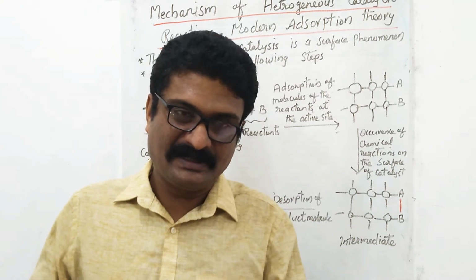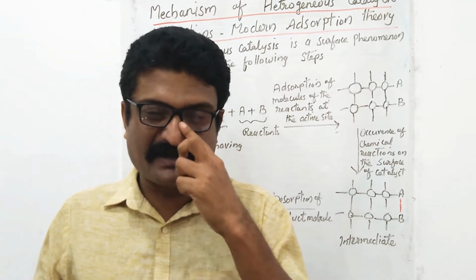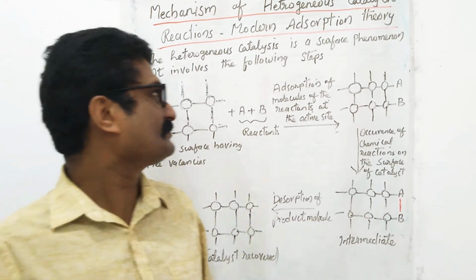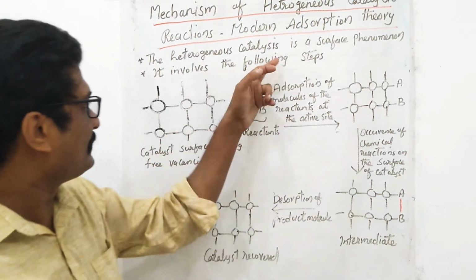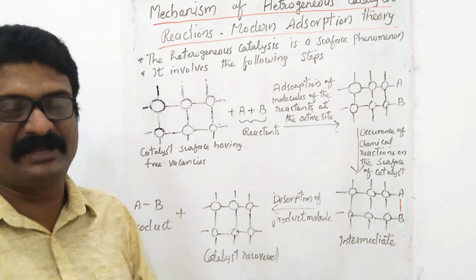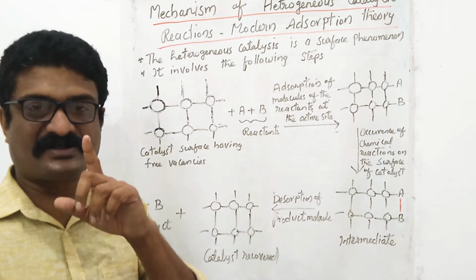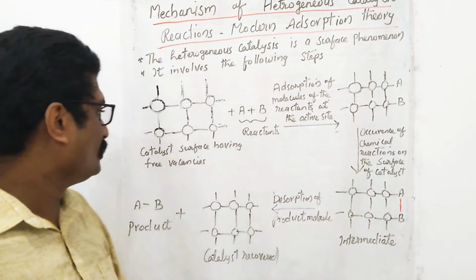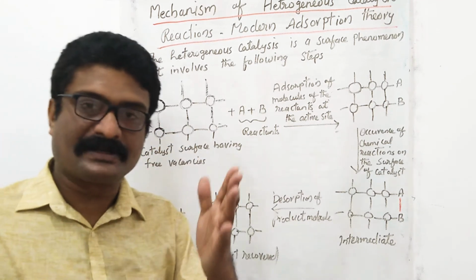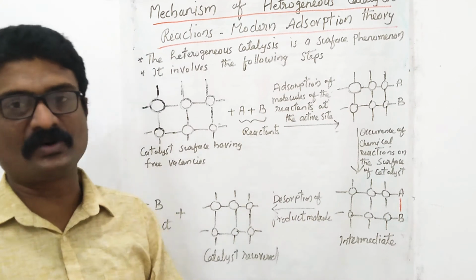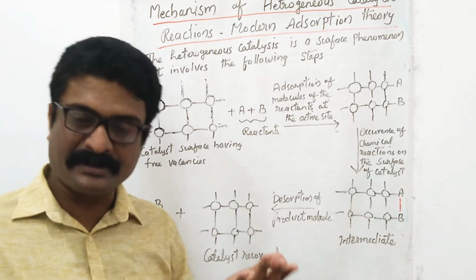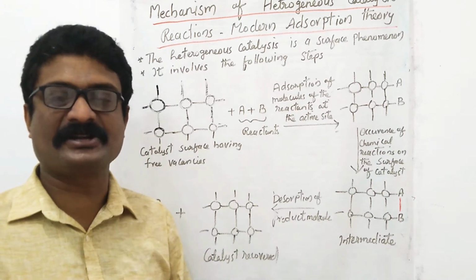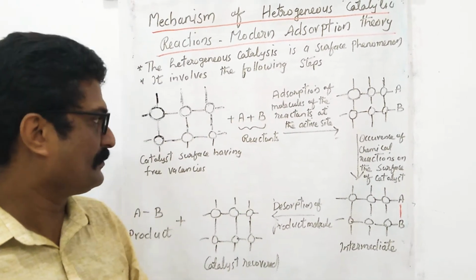This heterogeneous catalysis involves the following steps. Please listen. The first step. I already told you, the heterogeneous catalyst exists in solid state. Then the reactants may exist in gaseous state or in the form of solution.